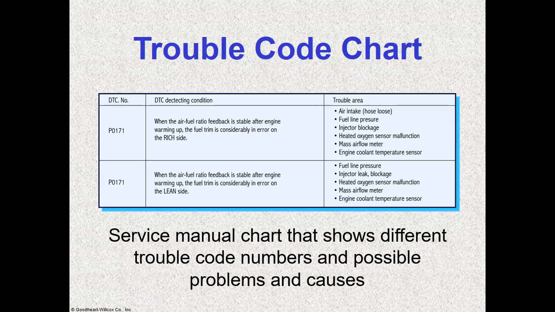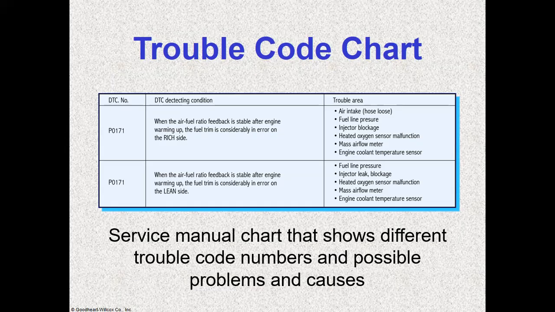Right, so in this situation now, we have fuel line pressure, just the same, injector leak, blockage, oxygen sensor, heated oxygen sensor malfunction, mass airflow, so almost the same symptoms at our core, engine coolant temperature sensor. And so a service manual chart shows different trouble codes, numbers, and possible problems and causes.